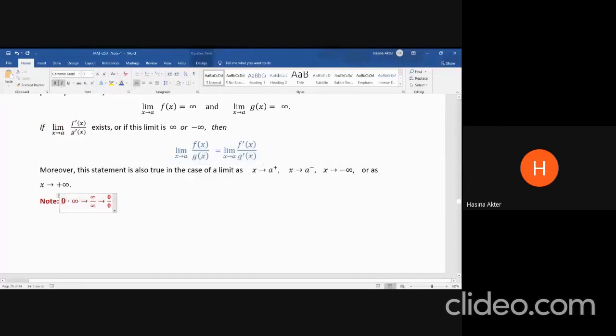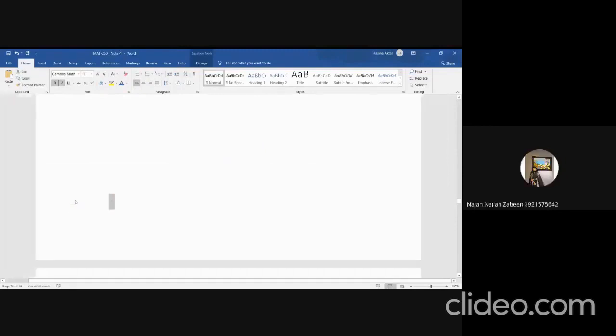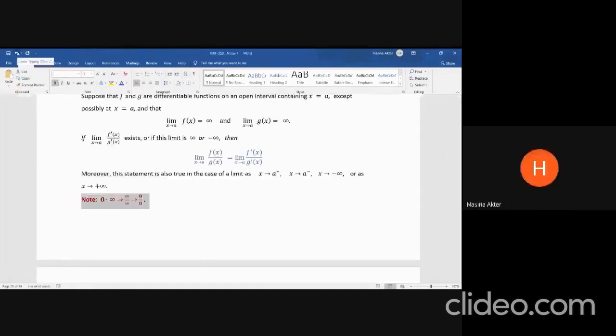So now look at this thing. If you have 0 times infinity, we know that 0 can be written as 1 by infinity, right? Yes, miss.